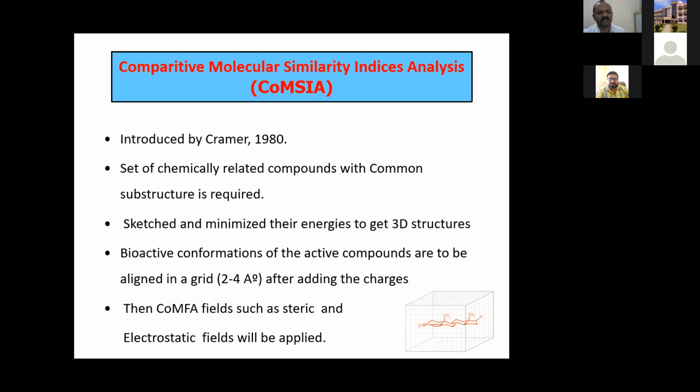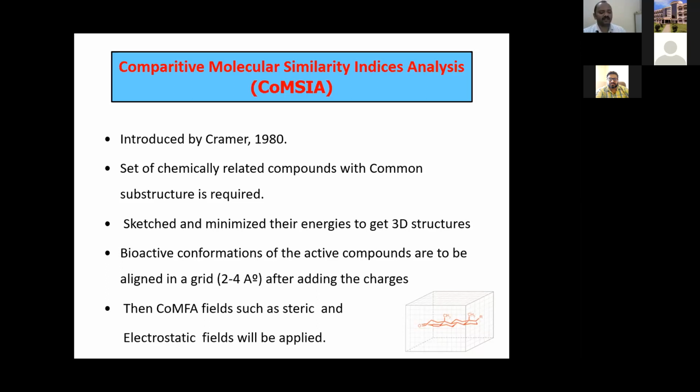Just like that, in the test set we take very few compounds, but in the training set we take more compounds. A set of chemically related compounds with common substructures is required for both the training set as well as the test set.